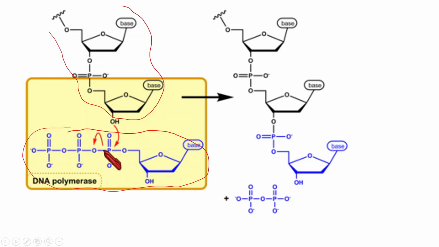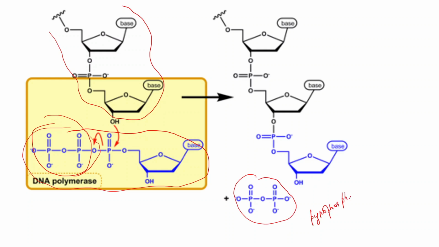So that phosphate group is incorporated and it is used up to form the phosphodiester bond to connect these two sugars and released these two phosphate groups that we can see here. And that released two phosphate groups are called pyrophosphate. So in that way, nucleoside triphosphate, they are the precursors of nucleic acid synthesis.